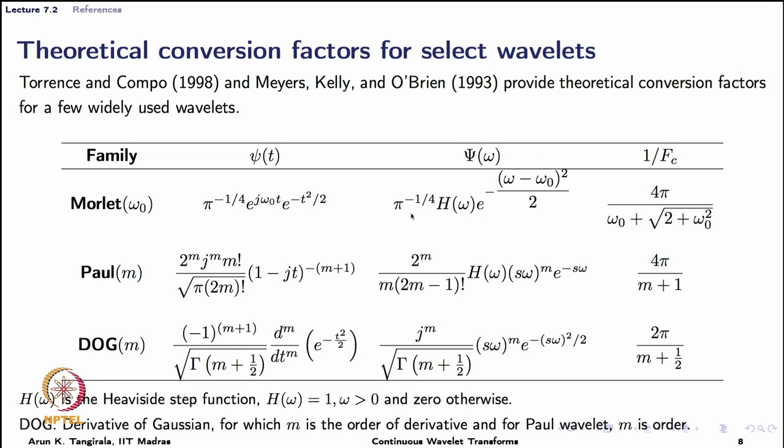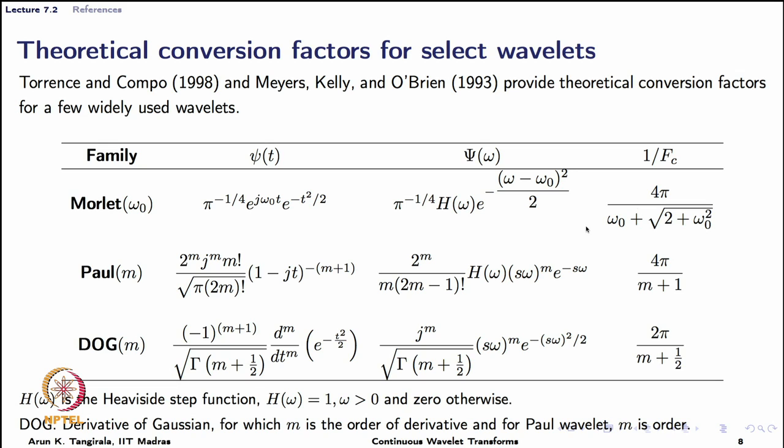You can quickly notice that for the first 2 wavelets, because they are complex and symmetric, the Fourier transform is real valued, whereas with the derivative of Gaussian it is a real valued wave, and therefore, the Fourier transform is complex. The last column is the one that is of interest to us. It gives the inverse of Fc. So, you can use that to convert what is known as scale to Fourier period, or you can use the inverse of this to convert scale to frequency.